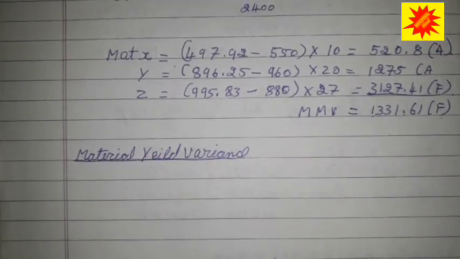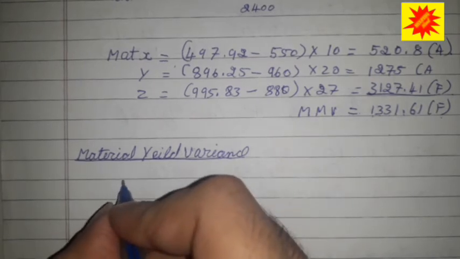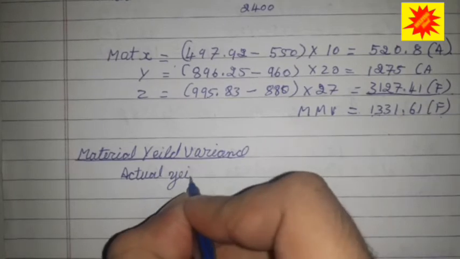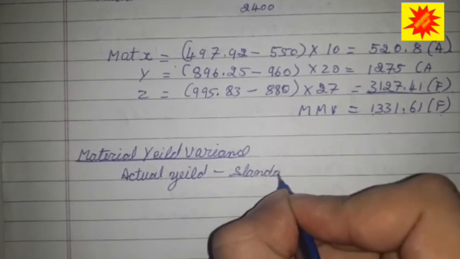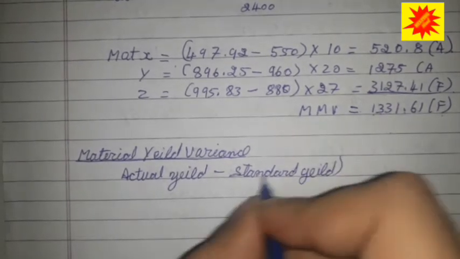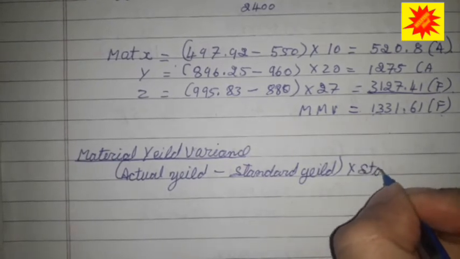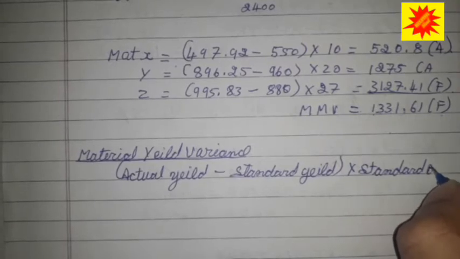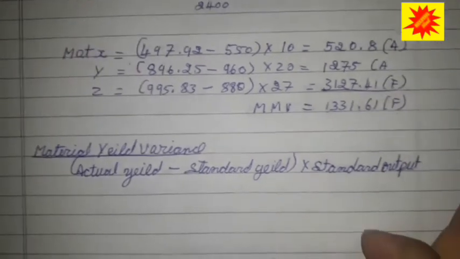Right. So for material yield variance, the formula is actual yield minus standard yield into standard output price.